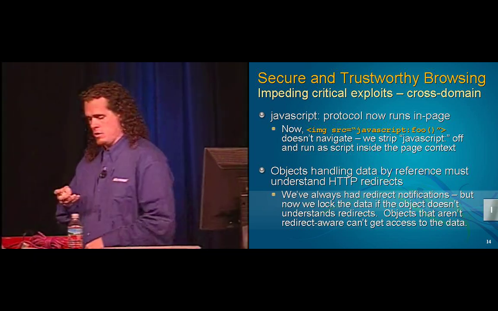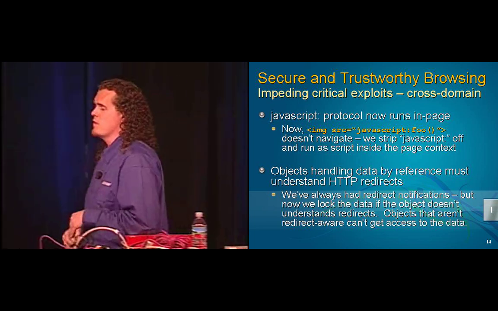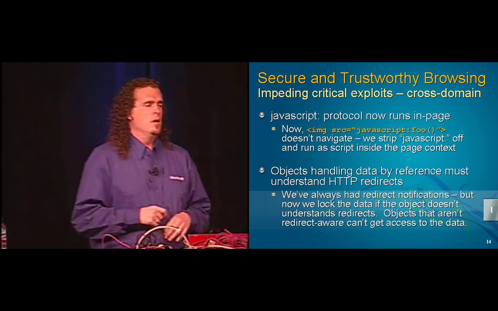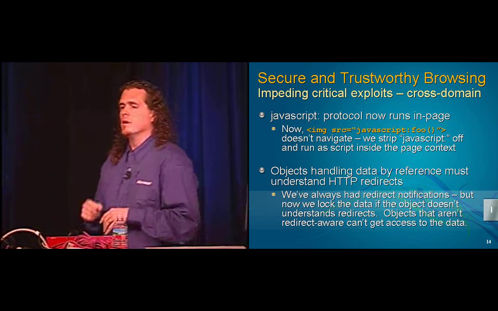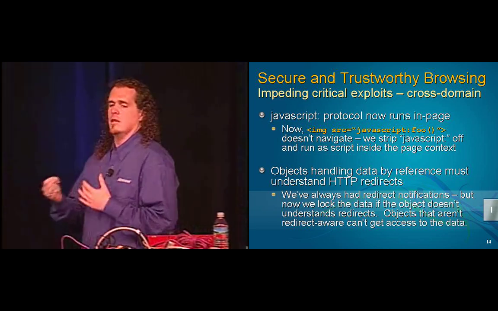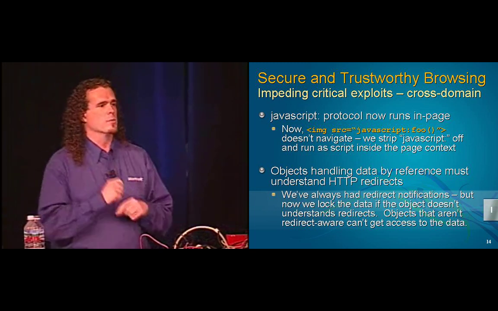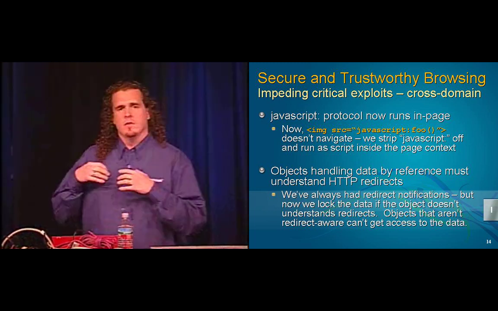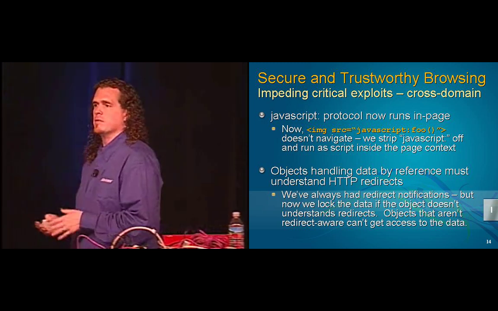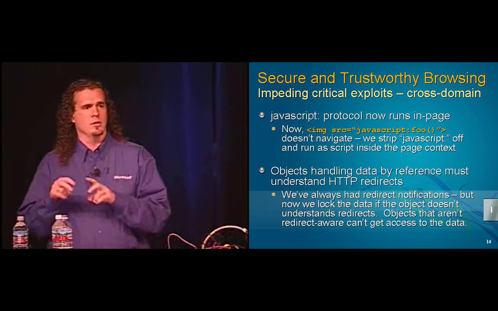Now, another thing that I wanted to cover, another one of these defense in depth issues, is we changed the way that the JavaScript protocol, or JavaScript URLs, works. These don't actually navigate anymore. We just strip the JavaScript colon off and run these as script inside the page. This still doesn't cause a problem with JavaScript URLs working in good cases.